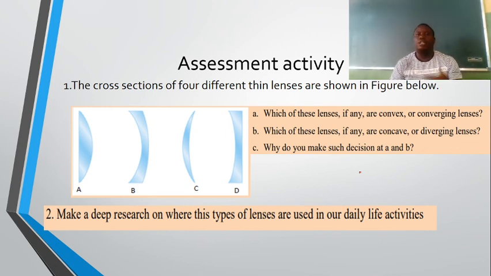In the next lesson, I will come showing you how those lenses refract, right. Thank you for your listening today. Maybe you have tried to work.